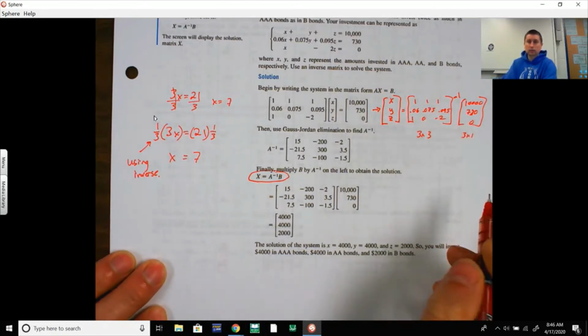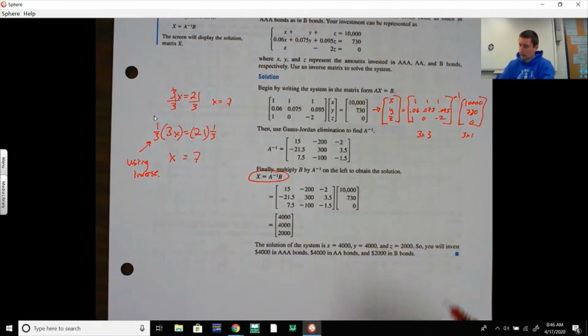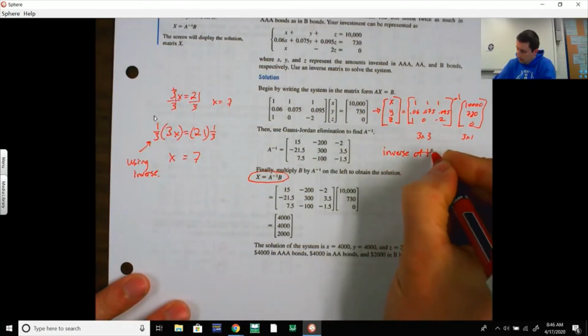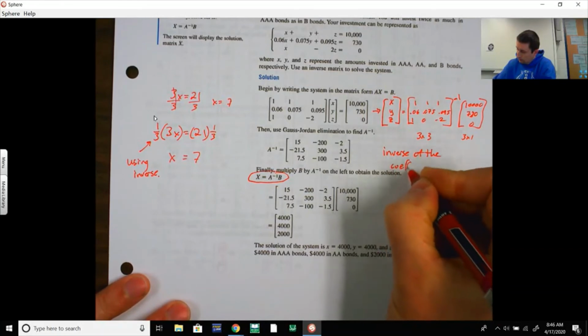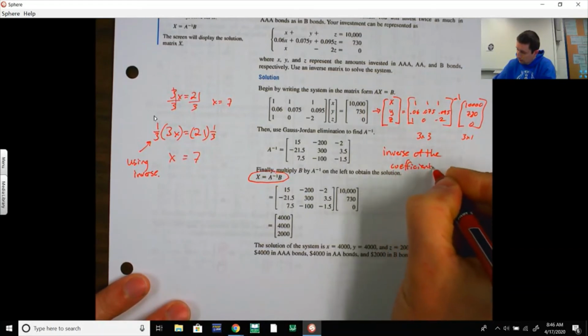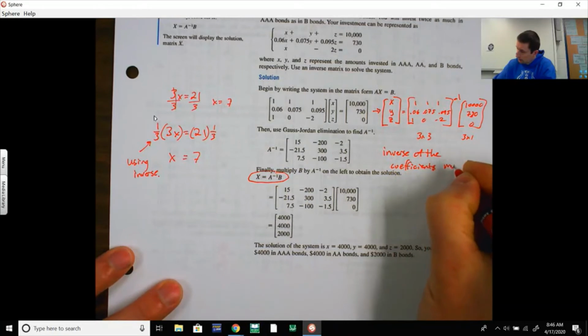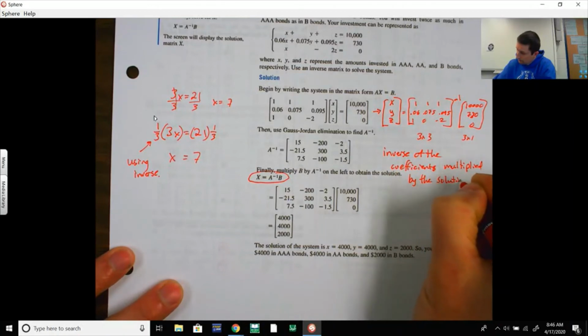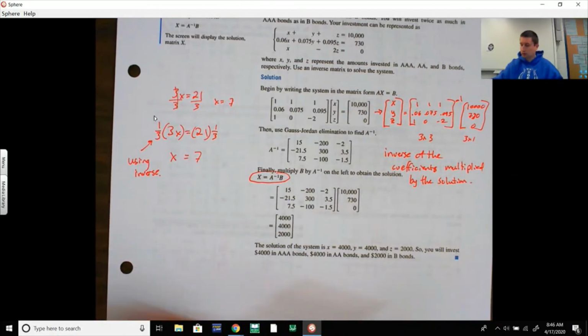It has to be in that order. Inverse times the answers. So you have to take the inverse of the coefficients multiplied by the solution.